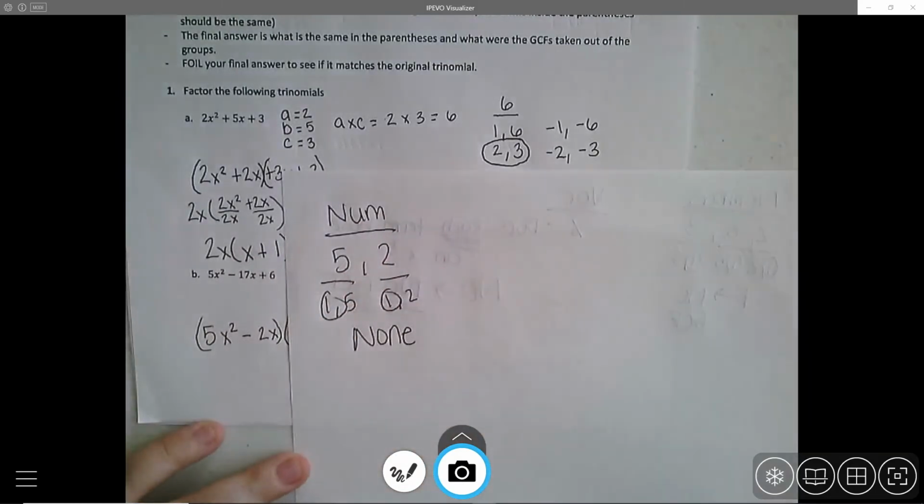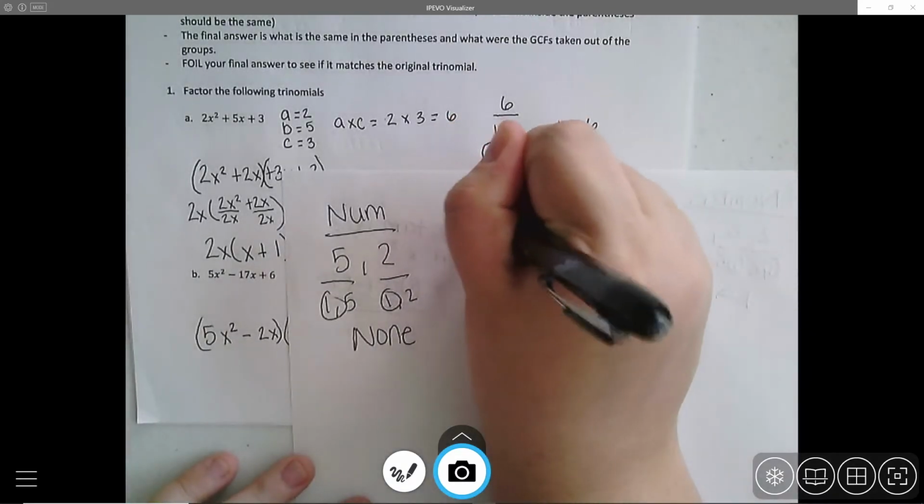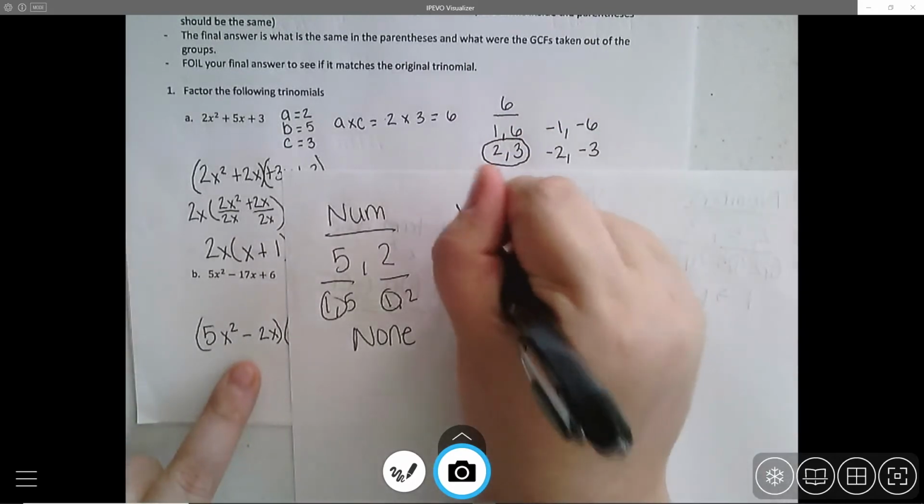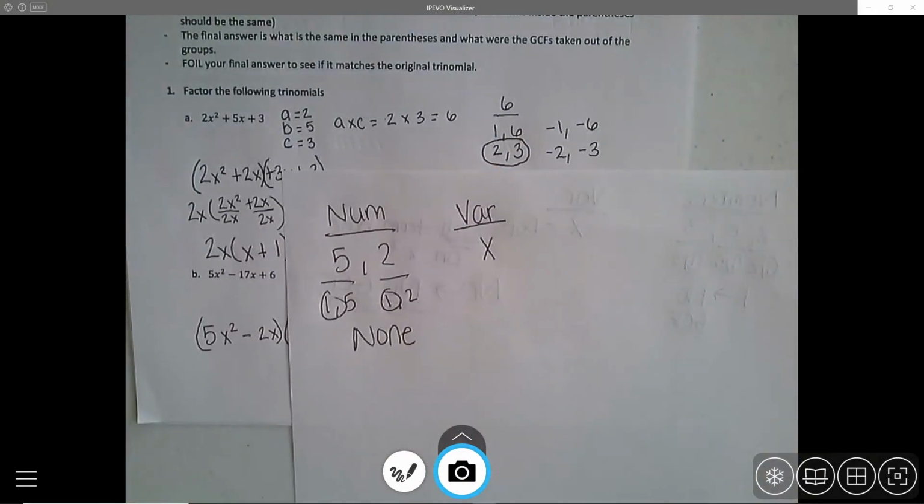In terms of numbers, there's no GCF. And since my leading one isn't negative, I don't need to worry about a -1. In terms of variables, both of them have an x. So that means x to the lowest exponent has to be my GCF.